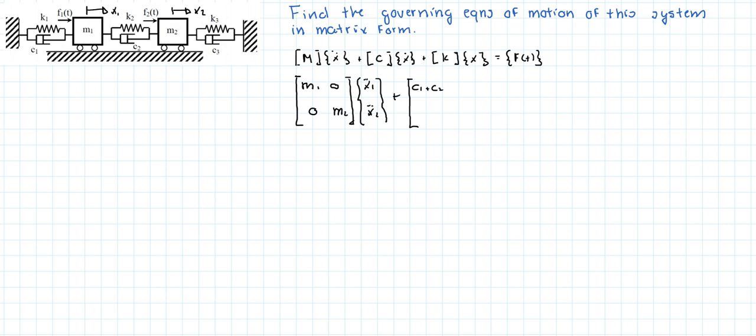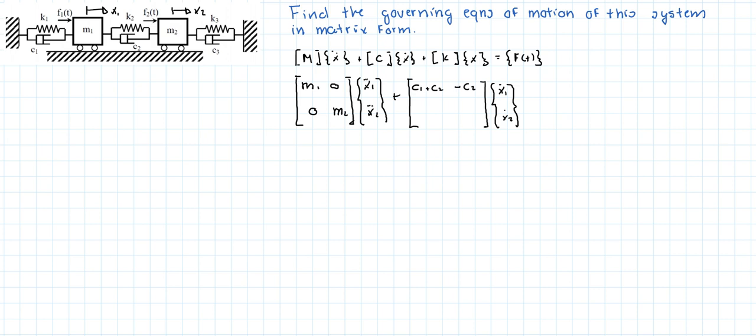And on the next row, which corresponds to velocity 2, you would have minus the element that joins the two of them. So what joins mass 1 and mass 2 in terms of dampers? It's C2. So you would have minus C2.